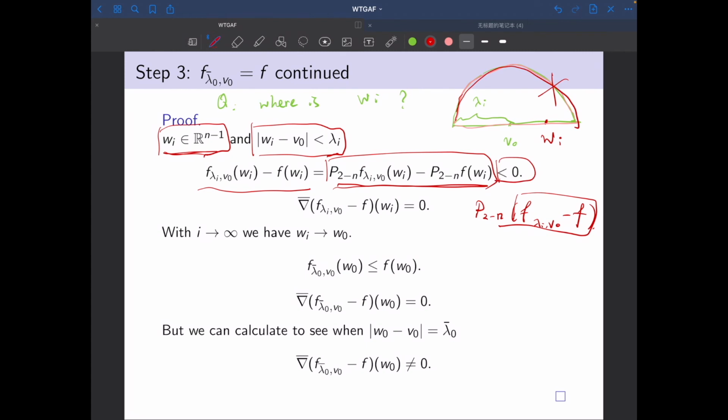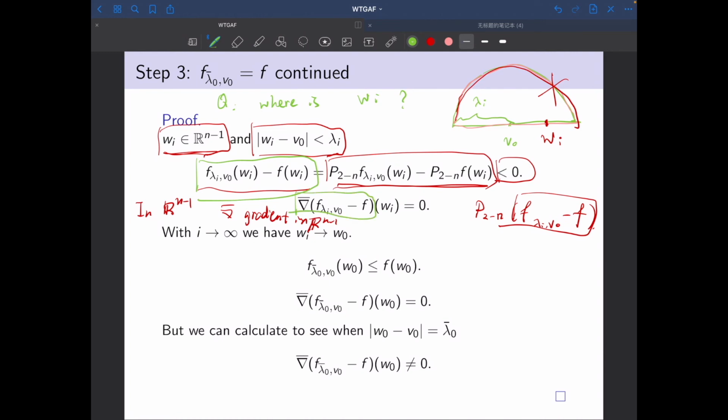Also, if we just look at Rn-1, then Wi is an interior minimum point, so if you look at the gradient in Rn-1, the gradient of this function actually has to be 0.